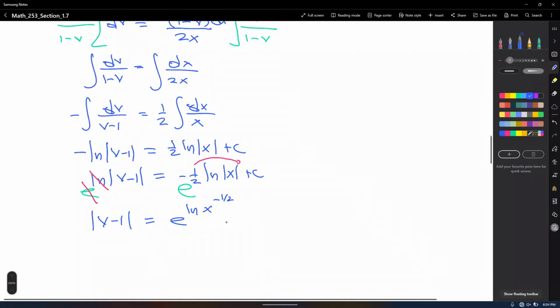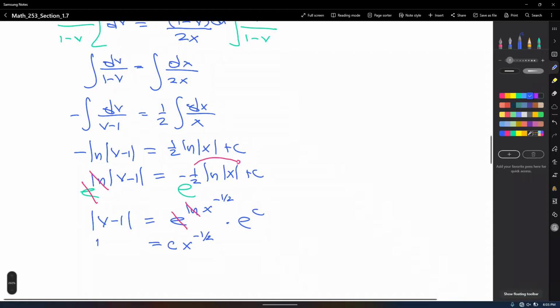How about instead times e to the c again, which by absorption will be another coefficient in front of the exponential here. So number one, e with ln finally cancel out, leaving us with x to the negative 1/2. But again, what is this e to the c? Isn't that just times c?